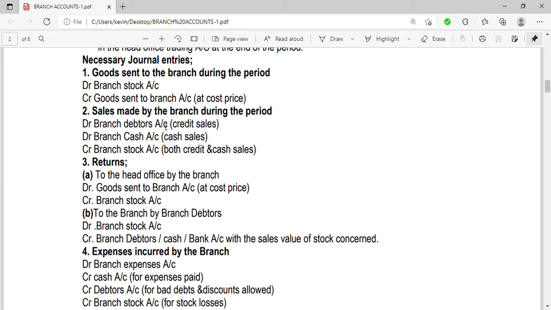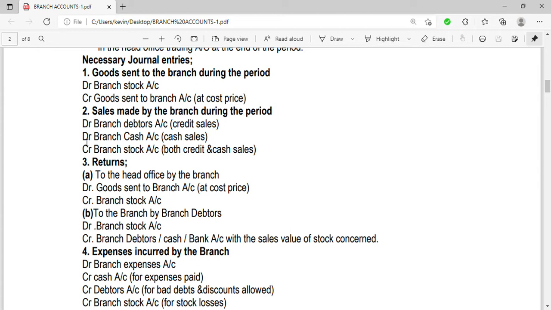They increase by debiting, and when you make credit sales, you're increasing the debtors, the money that you're demanding from the debtors. And when we make cash sales, we debit the branch cash account because cash is also an asset and it increases by debiting and reduces by crediting.